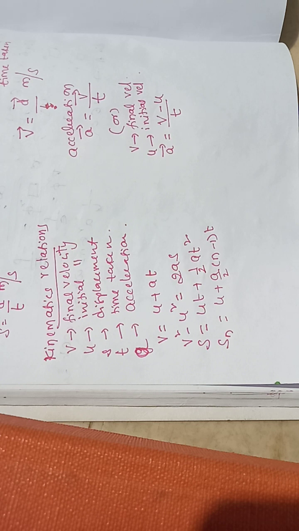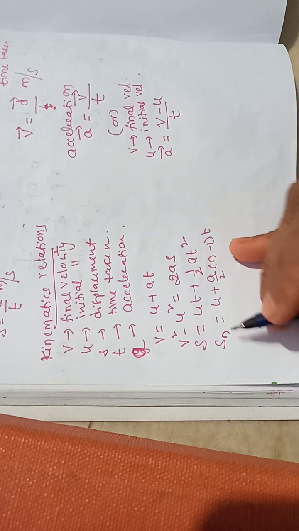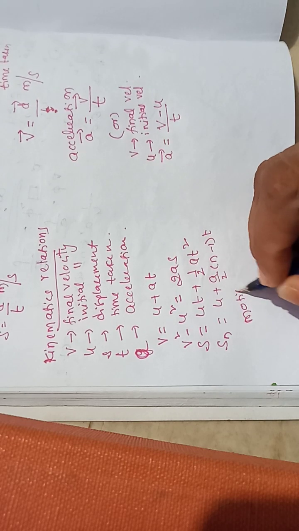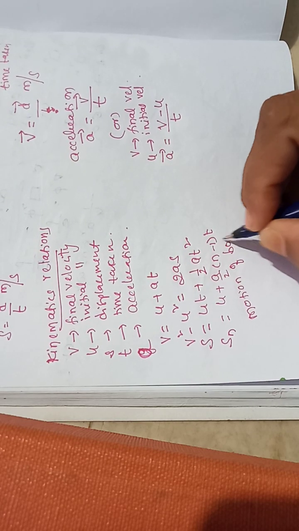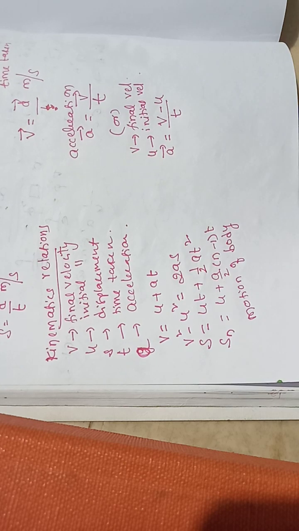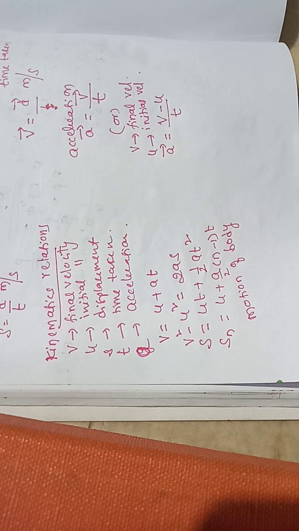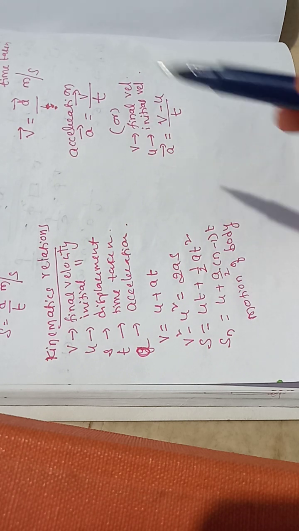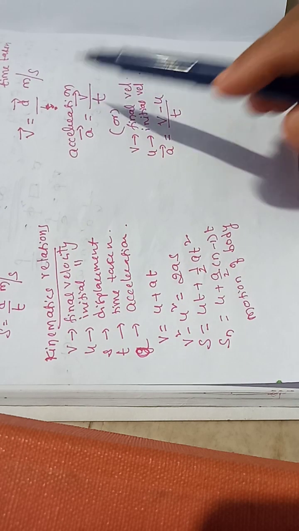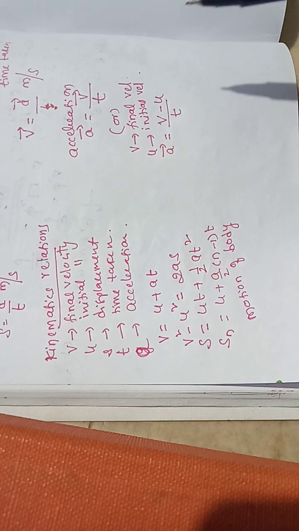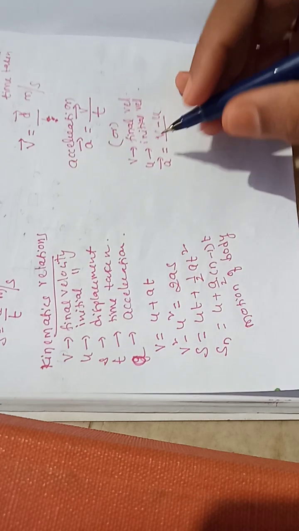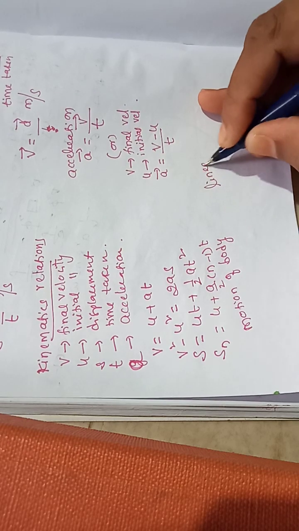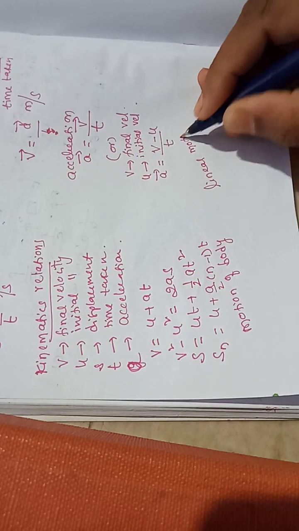In these kinematic relations, we are talking only about the motion of a body without involvement of force. Motion of a body without involvement of force. Right? Now, whatever velocity and acceleration formulas I talked about are in terms of linear motion.